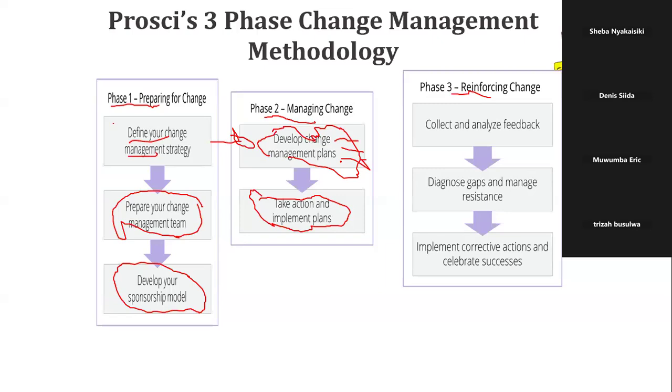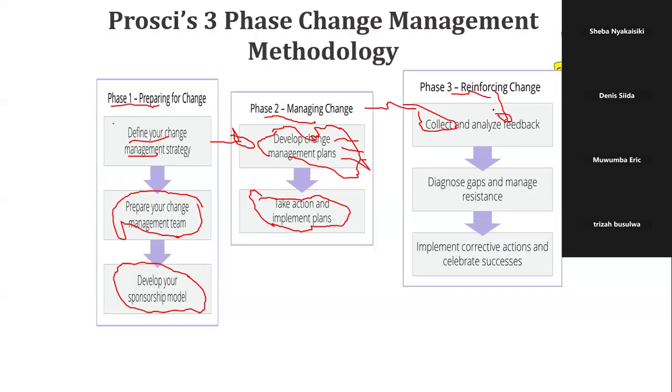So phase 3 is reinforcing. After phase 2, we come to phase 3, where we must enforce. So in enforcing, we start by getting feedback from those who are now going through the change. We get feedback and we analyze. How do they feel about the new process? Are they finding it easy, hard? Is it producing any good result?